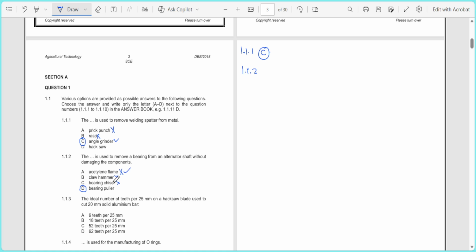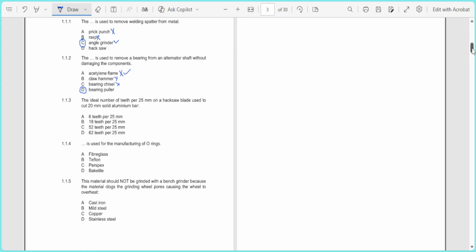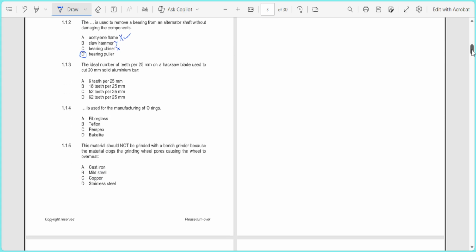A claw hammer could also damage the bearing and the shaft through impact. So what about the bearing chisel? The bearing chisel could score and damage both components as well. So it's not a suitable tool or method for removing the bearing from an alternator.